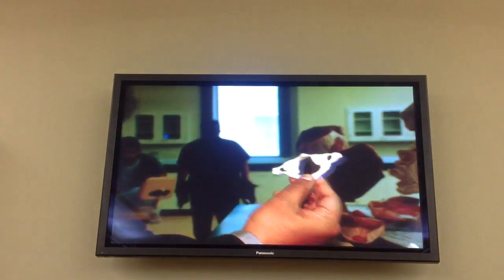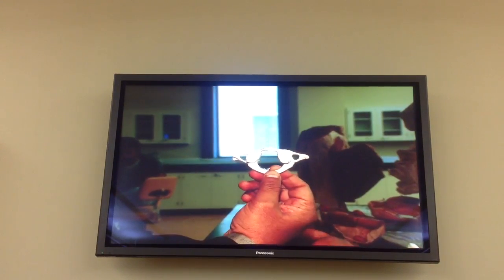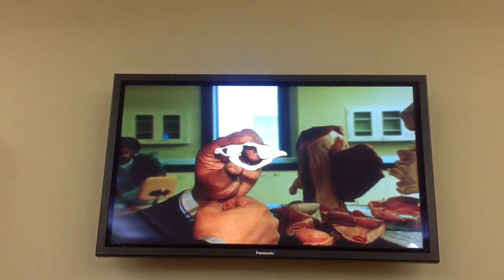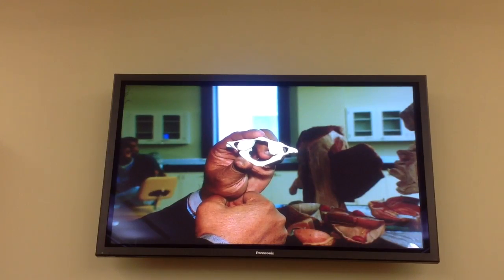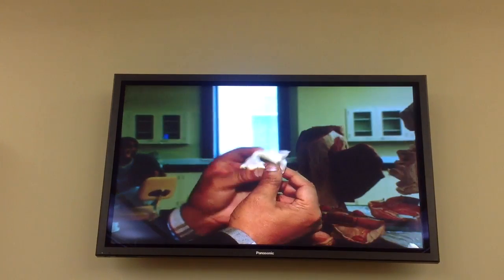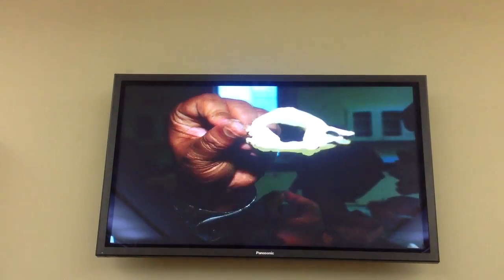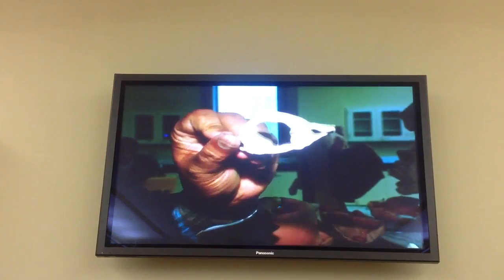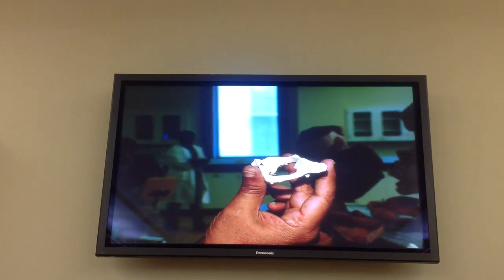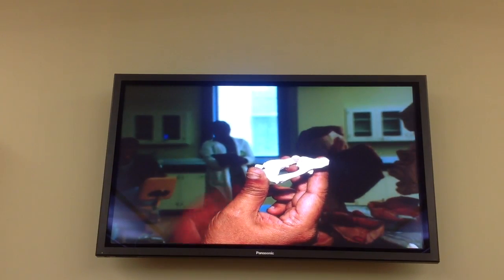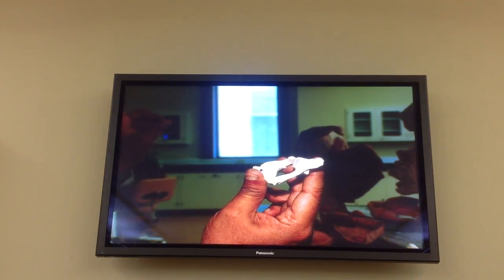So this would be, you see, the first cervical vertebra. The identification of this first cervical vertebra is that it doesn't have any body.